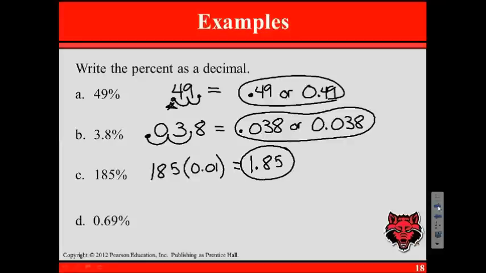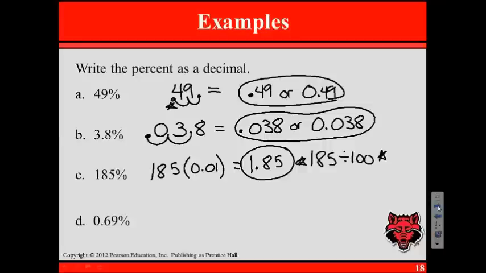So whichever process you prefer, multiplying by 0.01 or moving the decimal place, it's exactly the same thing. Let me also mention that multiplying by 0.01 is the same thing as dividing by 100. When we want to go from a percent to a decimal, we can take our number and divide by 100. It may be easier for you to remember than multiplying by 0.01.